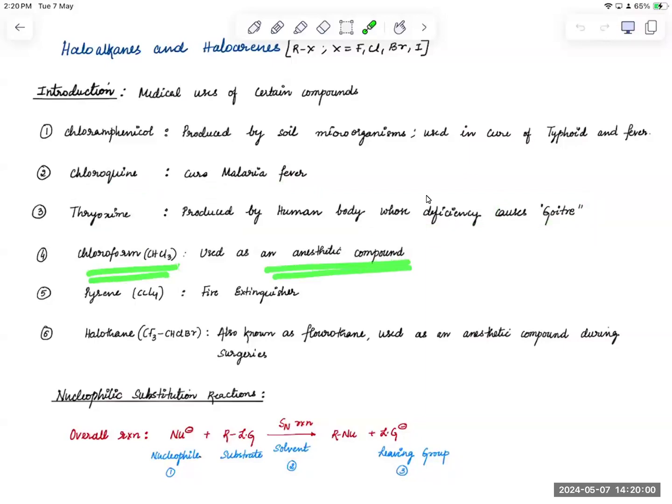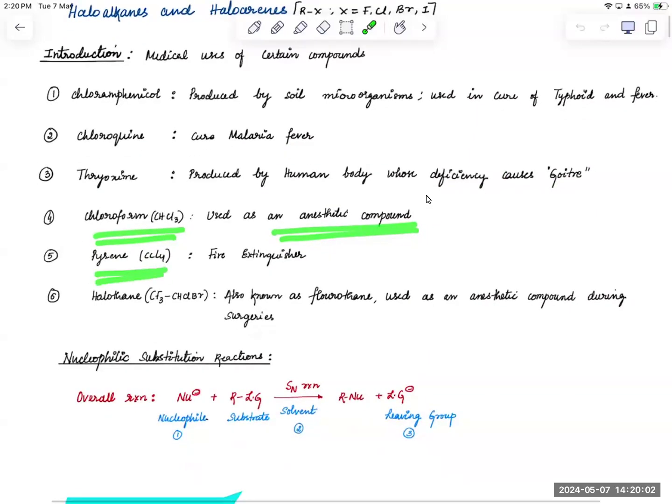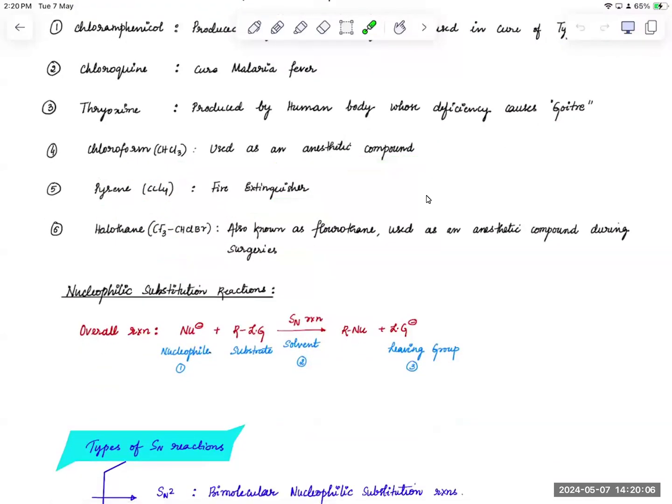Chloroform is used as an antiseptic. Pyrene is used as a fire extinguisher. And halothane, also known as fluoroethane, is used as an antiseptic compound during surgeries. Correct? At least know the names. You don't need to know the complete formula as such, but at least you should know what the uses are.